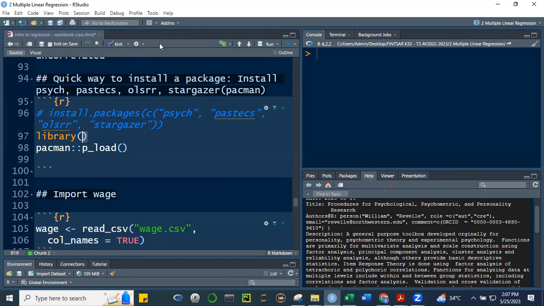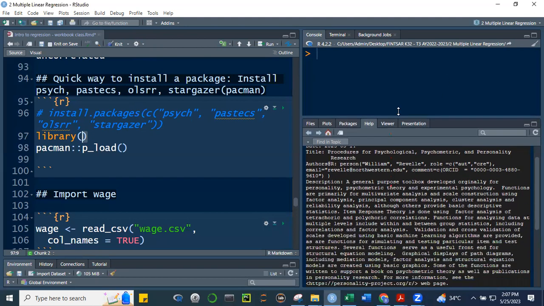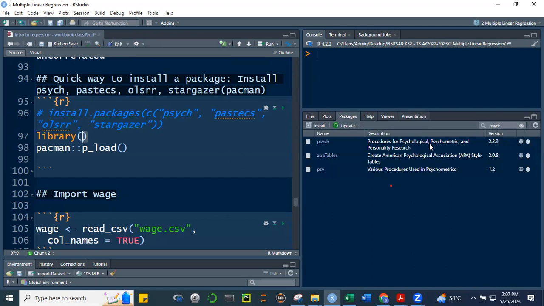Okay, sandali, may question sa inyo. Okay, sabi ni Vic dito, si psych wala nang install package. Bakit, class? Vic, bakit? Ba't mo sinabing ano? Hindi naman siya preloaded eh. Walang install that package. I tried it, sir, individually install that package.